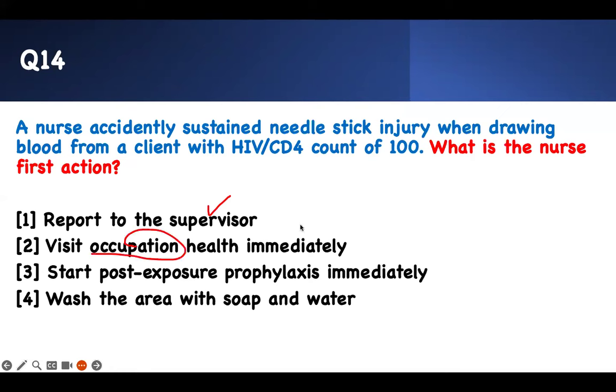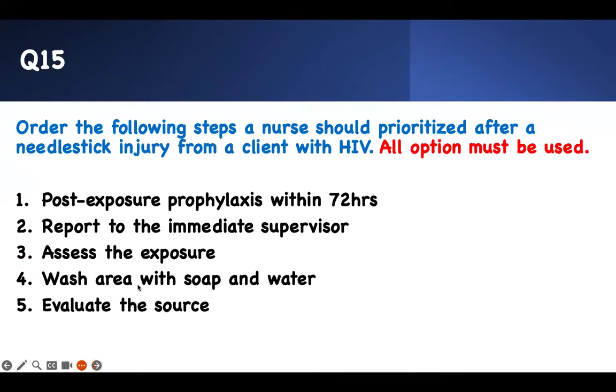You go and visit occupational health? They say, get out of my face right now. You start taking medication to prevent getting HIV? The doctor will say, get out of my face right now. You've got to wash the area first. Clean the area, because that's the most important. That will prevent further exposure. Okay, to prevent further exposure, you wash your hands.